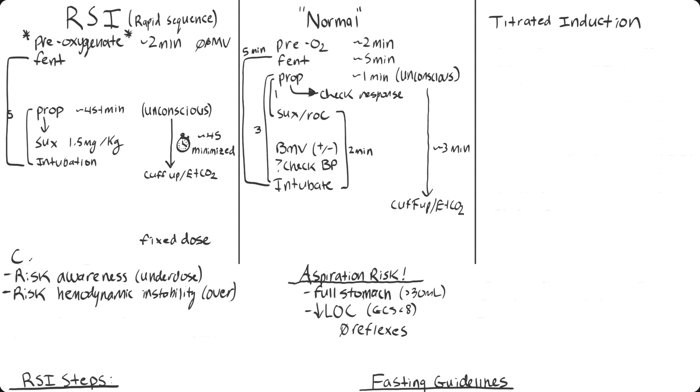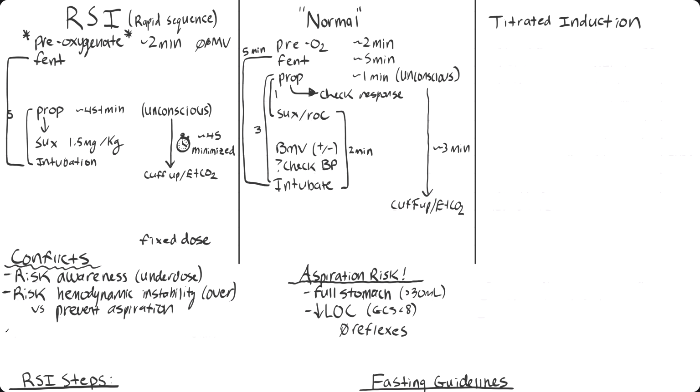So this kind of raises this idea of these conflicts that we have, because we are choosing to do a rapid sequence induction to prevent aspiration, but at expense of potential awareness and potential hemodynamic instability. And none of these are ideal. So we have to make the choice about which one of these risks we are willing to accept and proceed with.